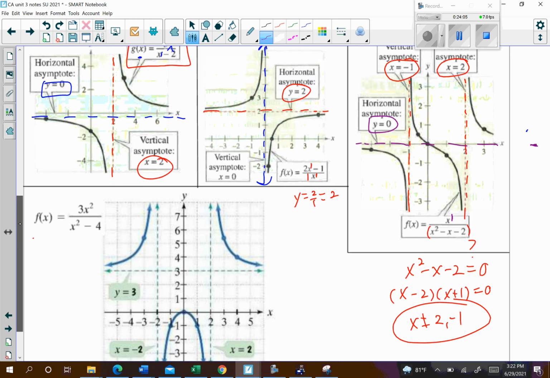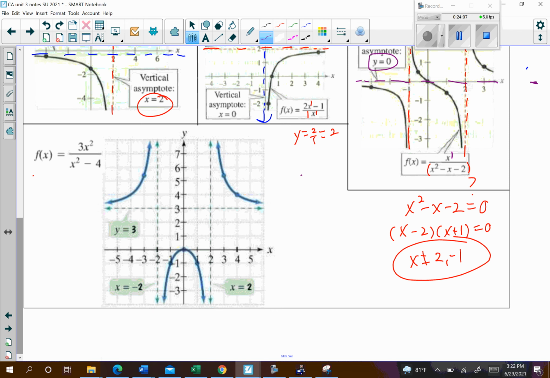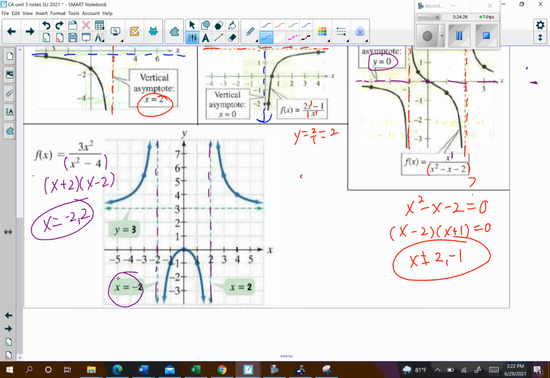All right, so we got one more we might run into. Once again, you can factor the denominator, and we get our two vertical asymptotes at -2 and +2. We have those right here at x equals -2 and x equals +2.